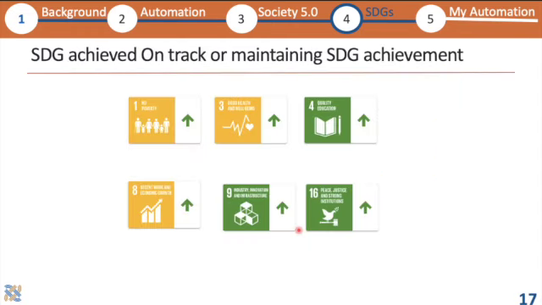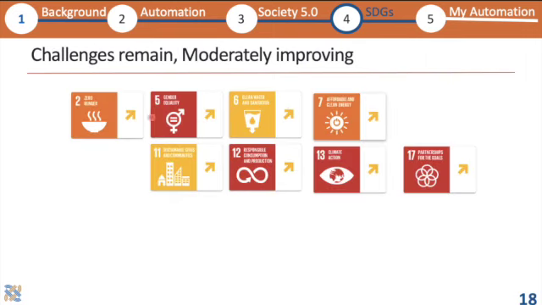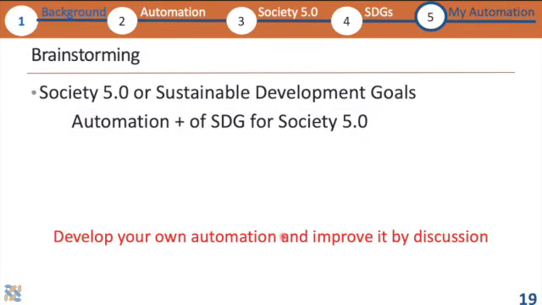In the case of Japan, these are the goals where SDG achievement is being maintained, and these are the ones that need some improvement. So your contribution is highly appreciated in this regard. Okay. Well, these are some references.